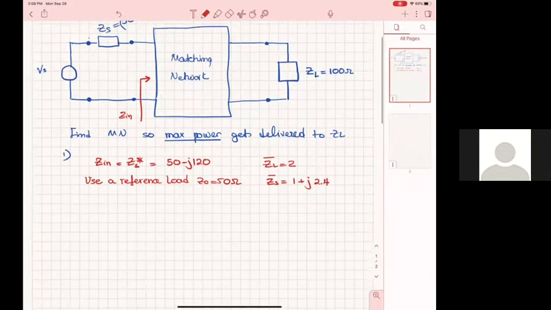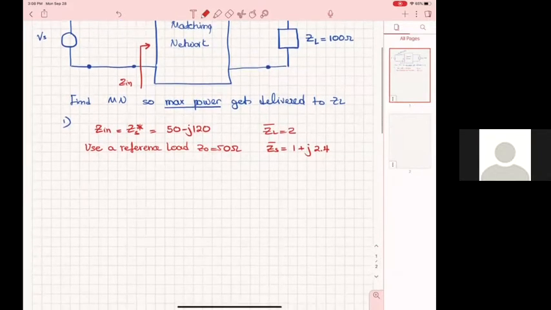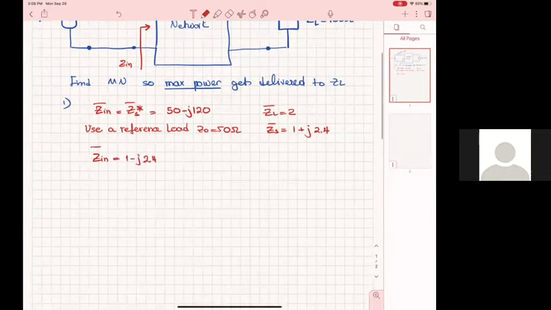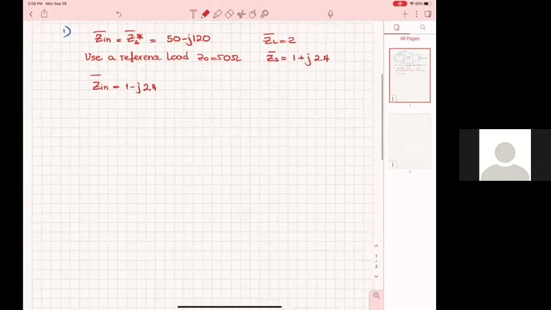All right, so practically, we will have to find a Z in normalized, which is going to be 1 minus j2.4. Okay, my preference is to use the Smith chart.